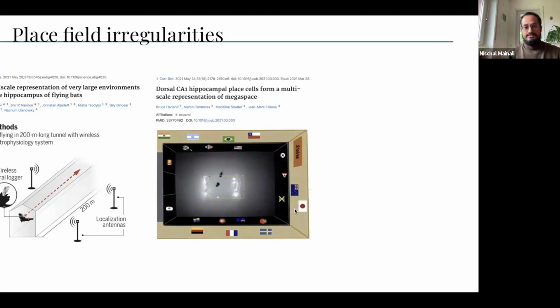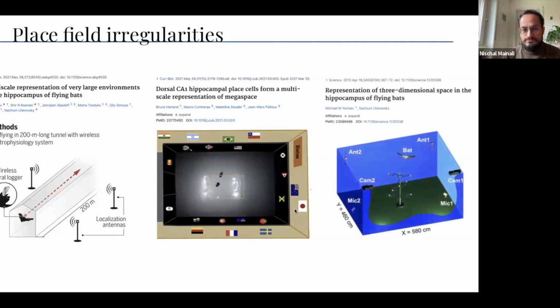They call it an 18.6 square meter arena. Here they have a nice setup where they have a robot that dispenses snacks so that the rat uniformly covers the space. And finally, we'll also look at a little older work from the Ulanovsky lab again, where they measured bats' firing fields in volumetric environments, so 3D space in an enclosed room.